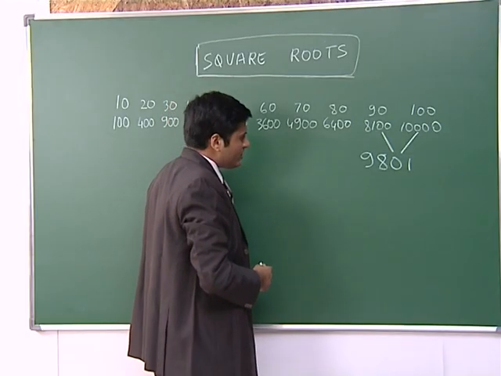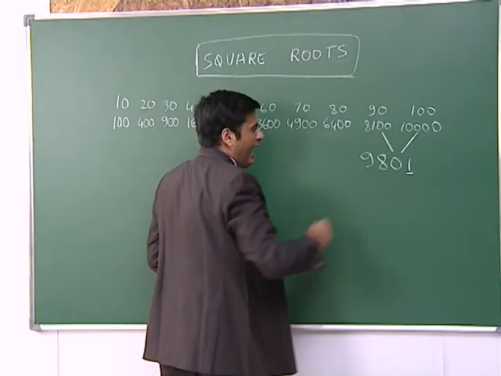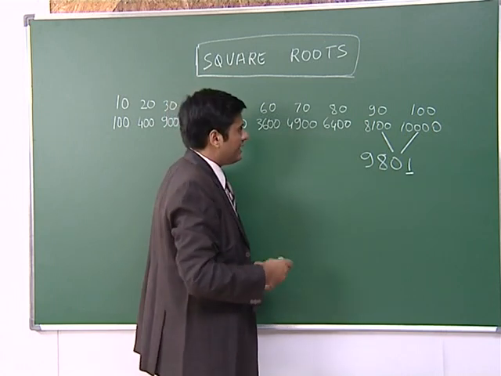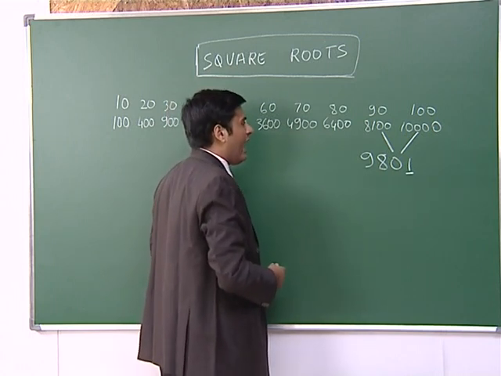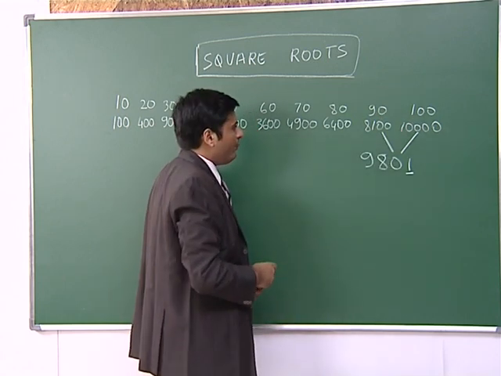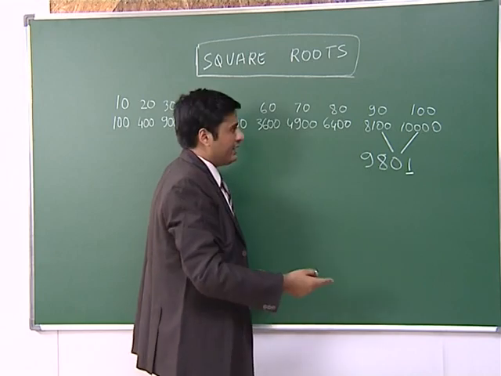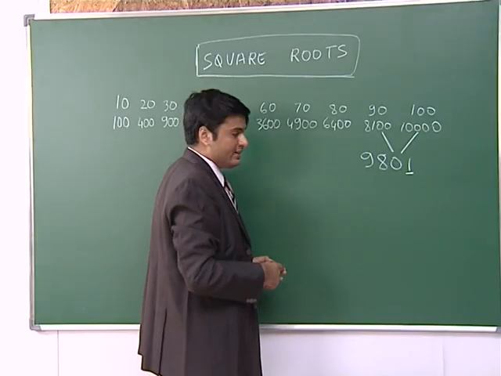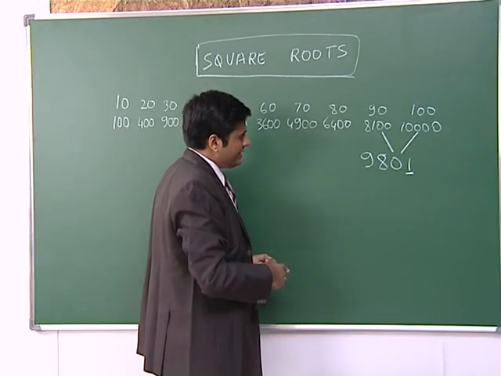Now, because the number ends in 1, as we have seen, the square root will end in 1 or 9. Now we know that the answer is between 90 and 100, and also we know that it ends in 1 or 9. Between 90 and 100, we have numbers like 91, 92, 93, 94, 95, 96, 97, 98, 99.